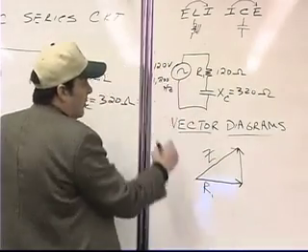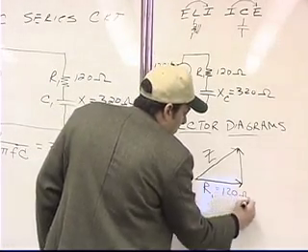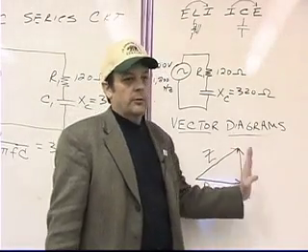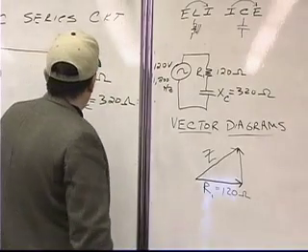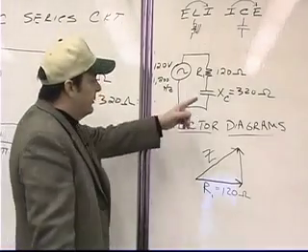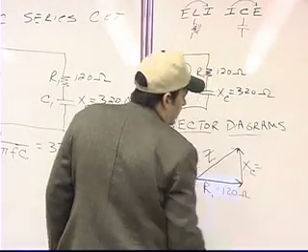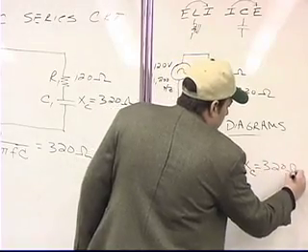Since we only have one resistor in there, we know that's 120 ohms. Anybody have a guess what the vertical component of this right triangle would be? Right. It would be the capacitive reactance in the circuit, X of C, and that's 320 ohms.